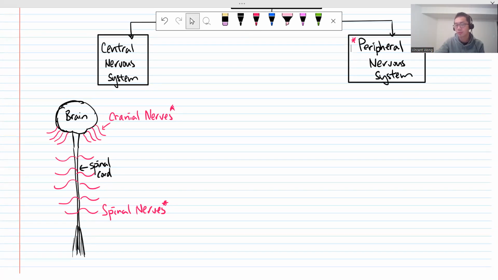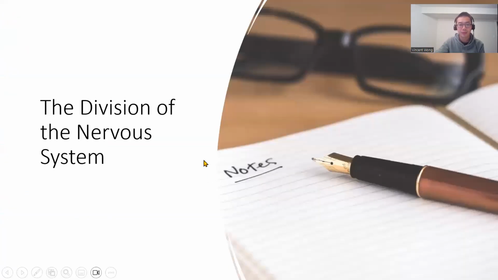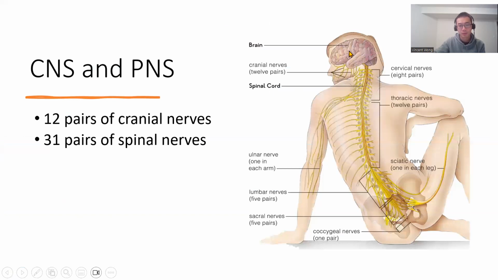Let me show you a quick picture of that. So, this is the brain, and then the spinal cord is very thin. It's within your backbone, and we have 12 pairs of cranial nerves and 31 pairs of spinal nerves. It's easy to remember.